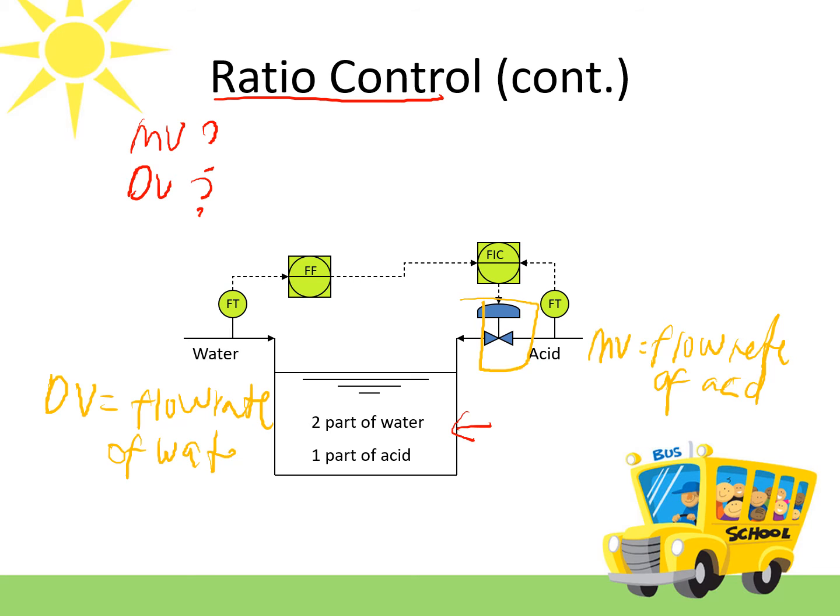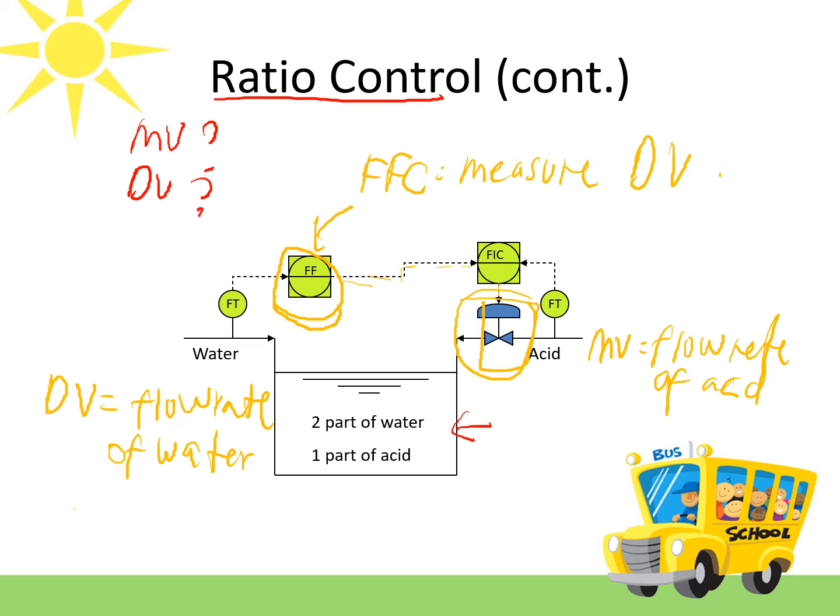Why? Because you have your feed forward controller here, and as I mentioned earlier, the feed forward controller measures the disturbance variable. The feed forward controller will be connected to the feedback controller, and then to the final control element to execute the corrective action and adjust the ratio of acid and water.